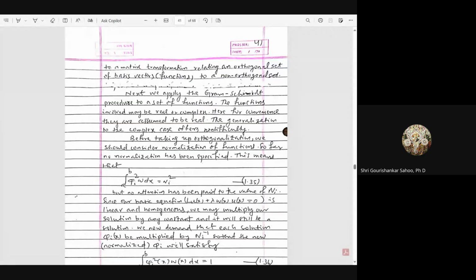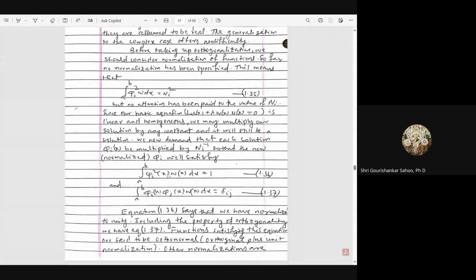offers no difficulty. So before taking up orthogonalization, we should consider normalization of functions. So no normalization has been specified. So your integration over a to b of phi_i squared omega dx is equal to N_i. But no attention has been paid to the value N_i.